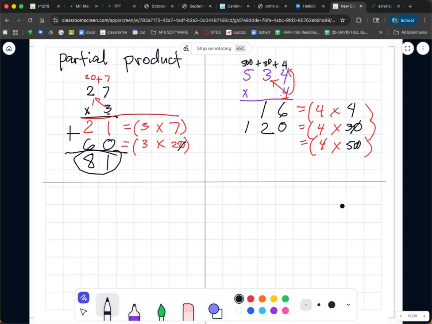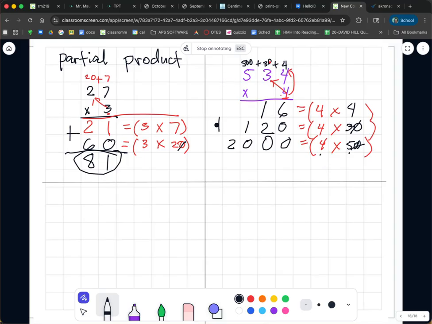Again, we're going to look at how many zeros we have in each factor. The 4 doesn't have a 0, so just ignore it. And 500 has 2 zeros, so let's cross those out and move them over here, 1, 2. And then let's multiply 4 times 5. That's 20. So you're going to write 2, 0 here. And we don't have any more digits here, so we're going to stop.